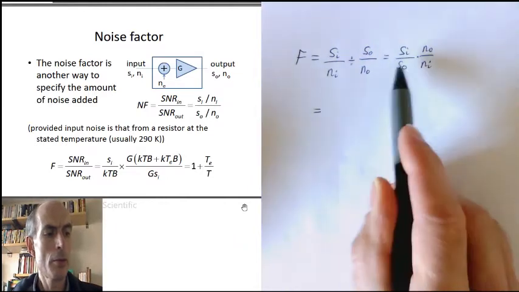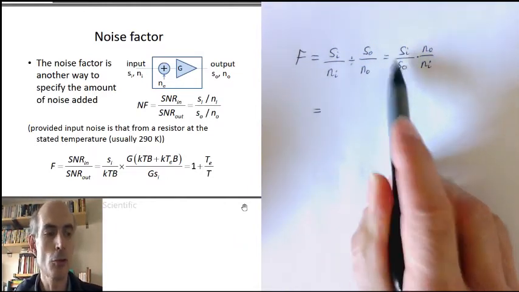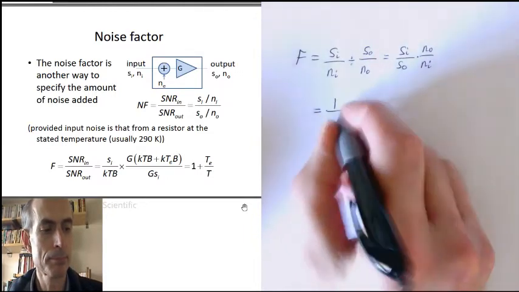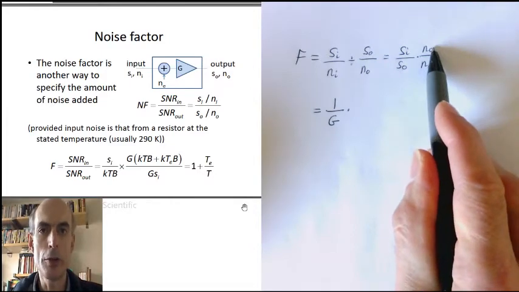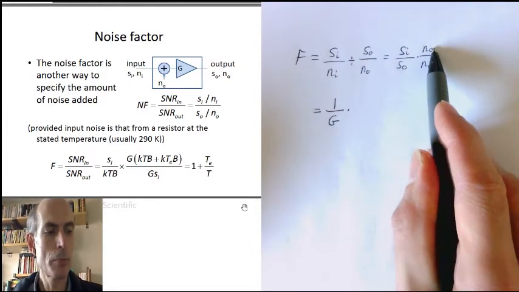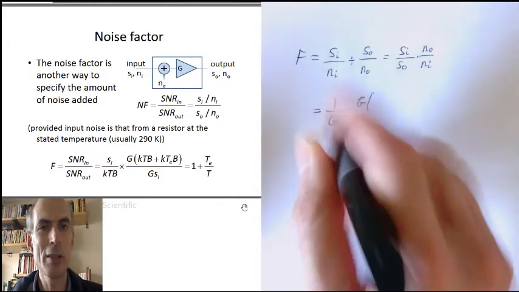Well, the input signal power divided by the output signal power, that's just 1 over the power gain. The output noise, well, that is going to be the gain of the amplifier multiplied by the total input noise.